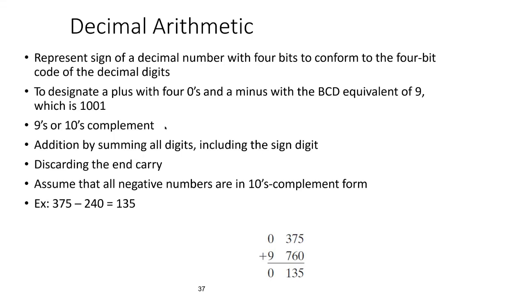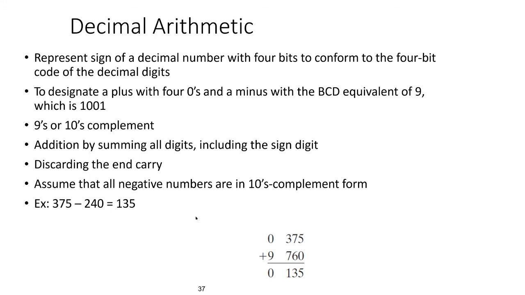So here's a quick example where you can actually perform these operations with decimal numbers, and then make the conversion into a BCD after the fact. So the real couple key points here is, when you perform the operation, you first start off with, let's say here's the example, 375 minus 240.